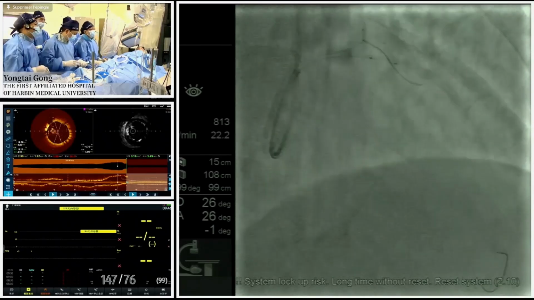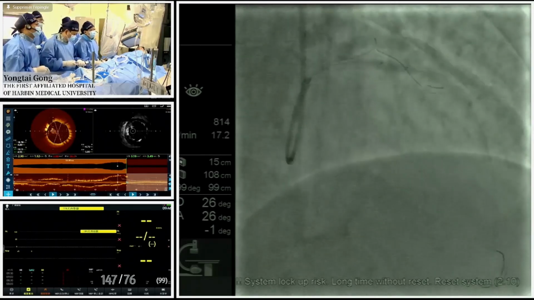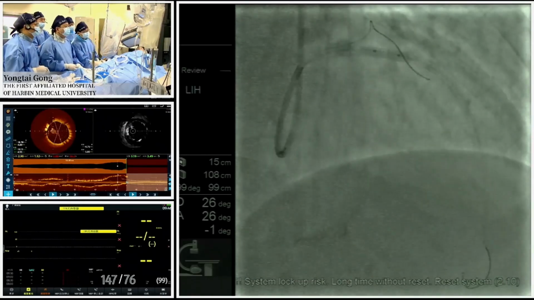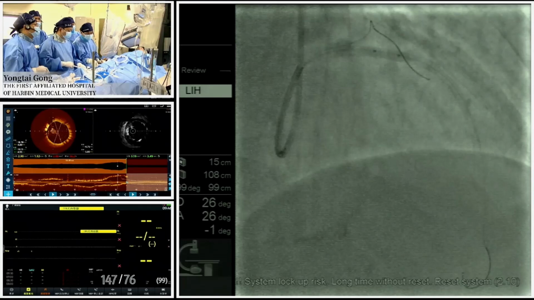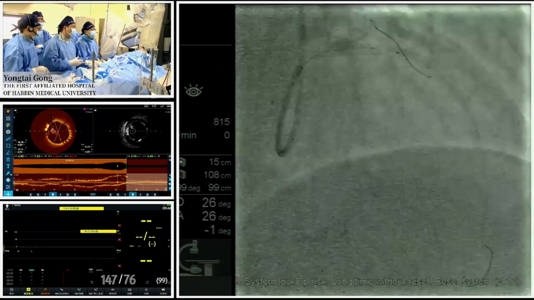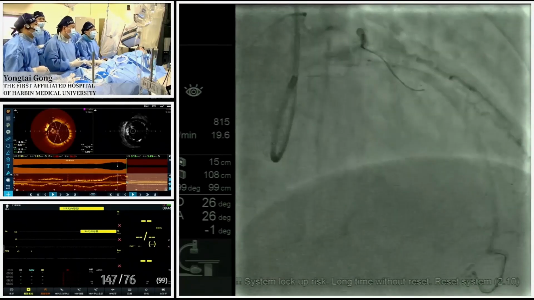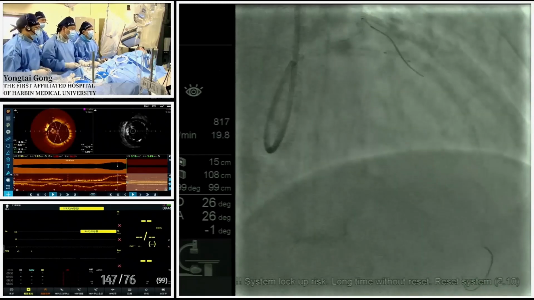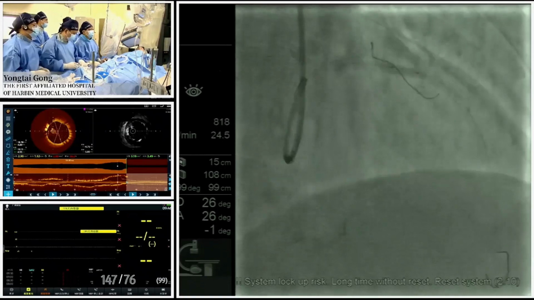And just now the operator helped us measure the MSA in the LAD, and it shows the MSA in the LAD is over 5.5 square millimeters by OCT. It's a relatively large MSA.